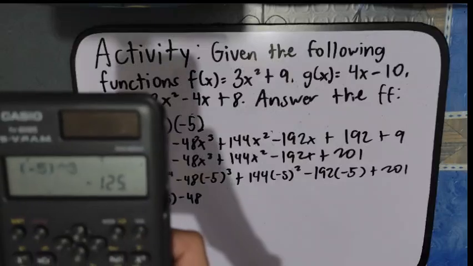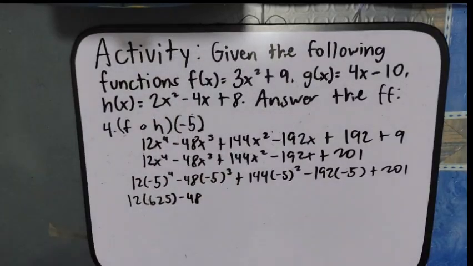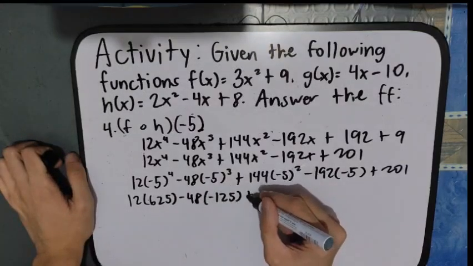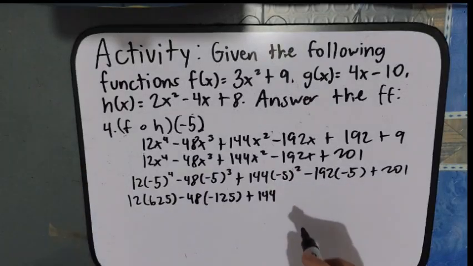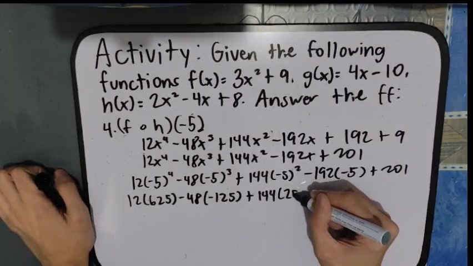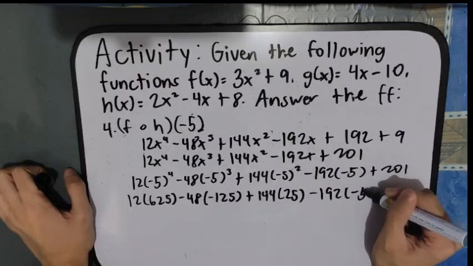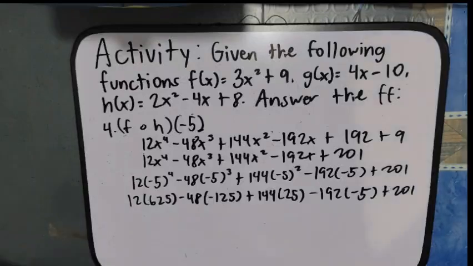So here it says negative 125. So negative 125, then 144, negative 5 squared, we're just going to multiply it by itself. It will become positive 25. Then copy, plus 201. After that, we're going to multiply again.